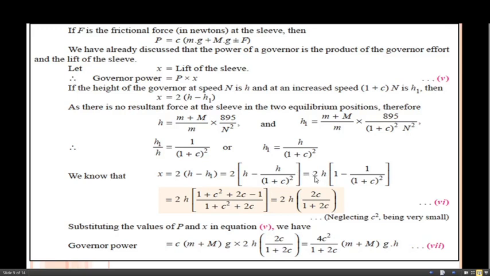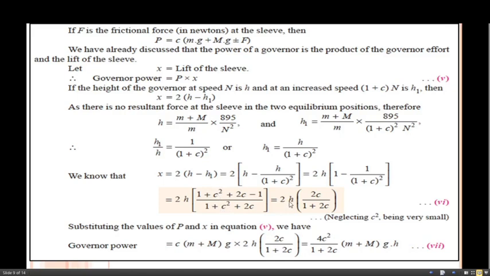Now for further simplification, take h as common: 2h into (1 minus 1 divided by (1 plus c) whole square). Now expand this term and make the base common for both terms. Here the value of c is very small and the value of c square is also very small, so neglect the c square terms.